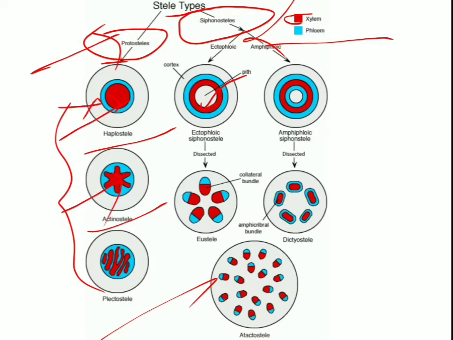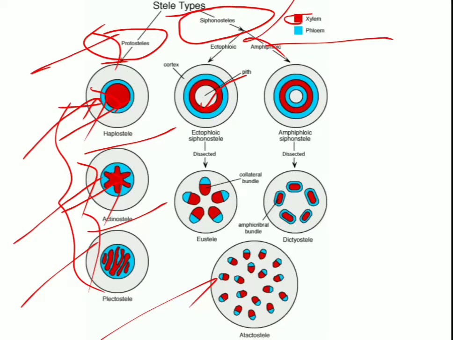The xylem and phloem are arranged in different manners, so they are divided into different types. After this figure we will discuss them briefly. First, see this diagram.